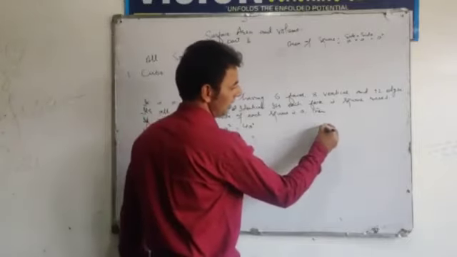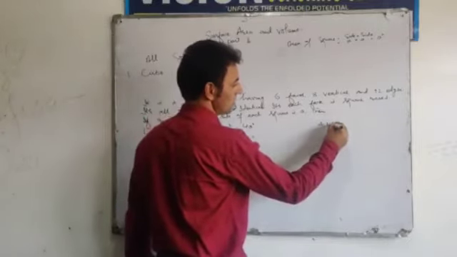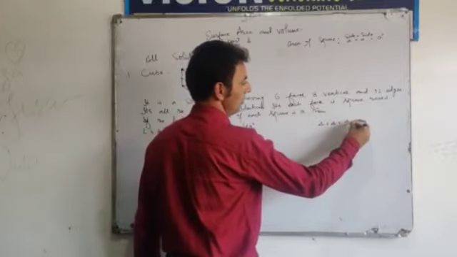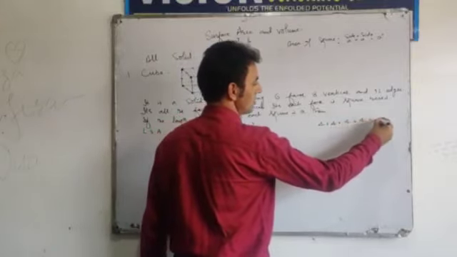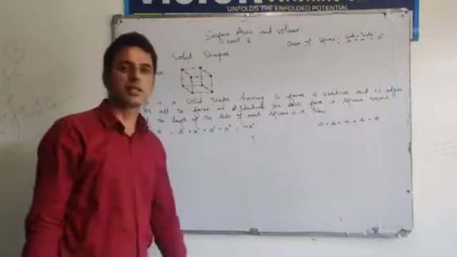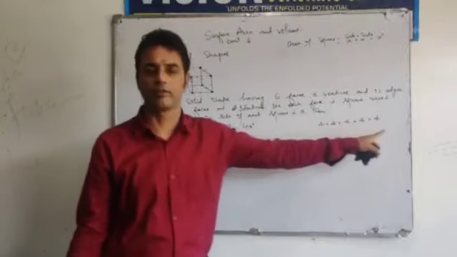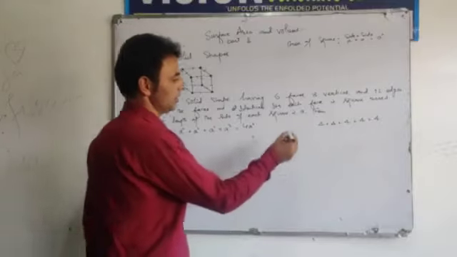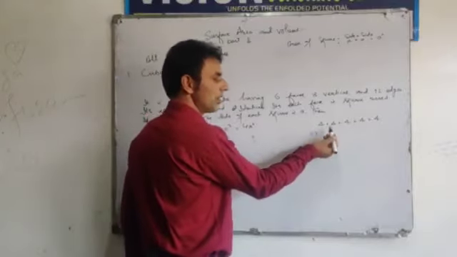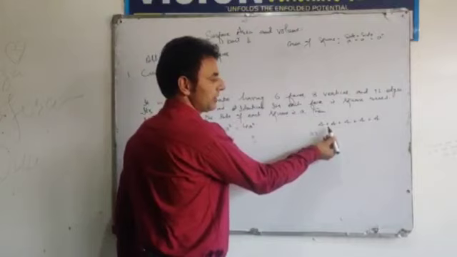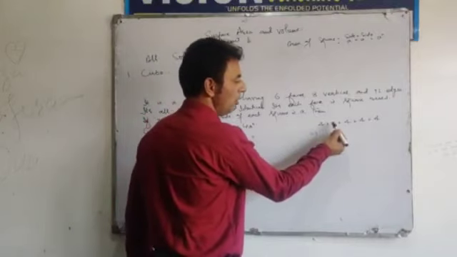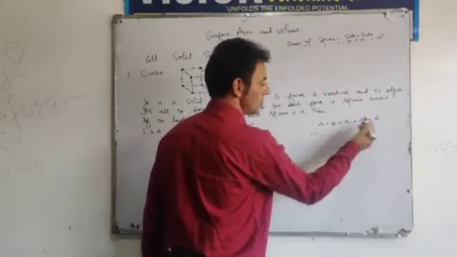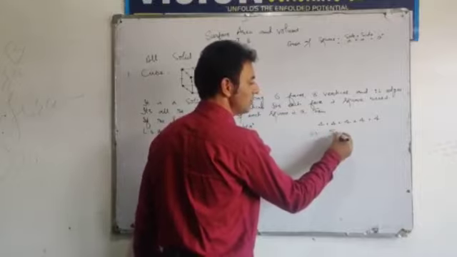In the same time, I will tell you one more additional point. If I add 4 plus 4 plus 4 plus 4 plus 4, this is called a repeated addition, and a repeated addition means multiplication. You have to write it in multiplication form: 4 is added how many times? 5 times 4.